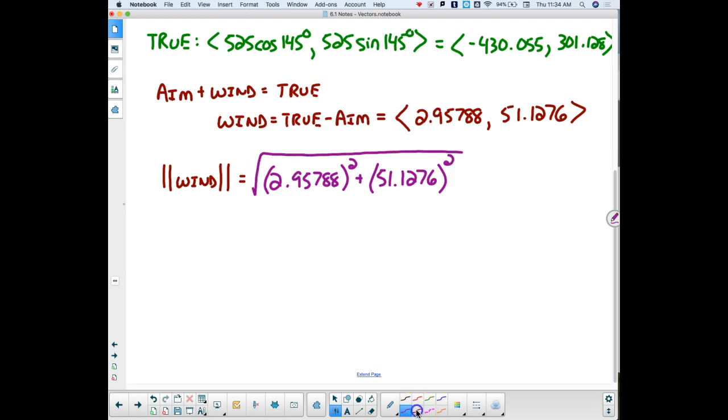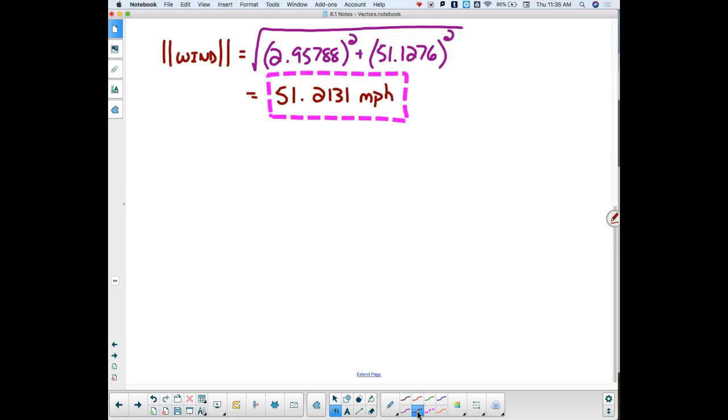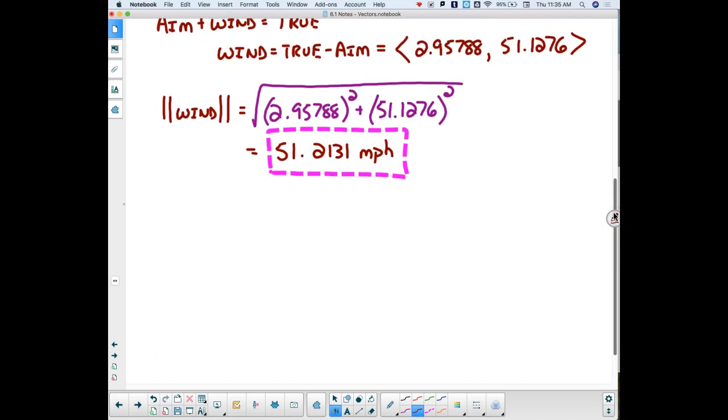That gives me my wind is at 51.2131 miles per hour.